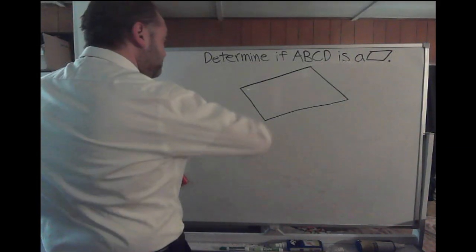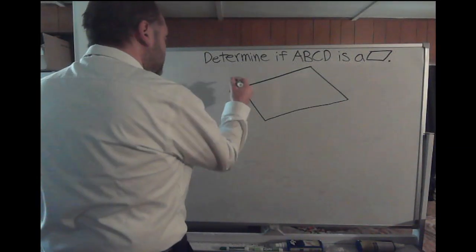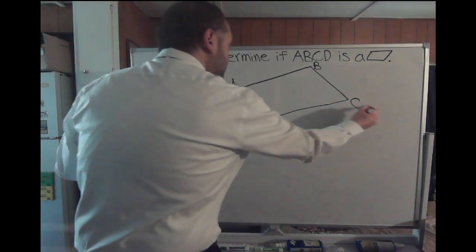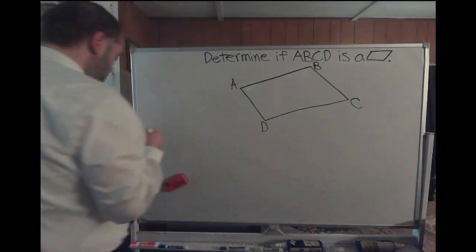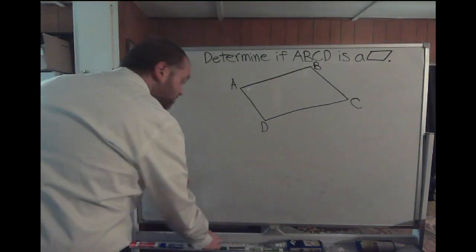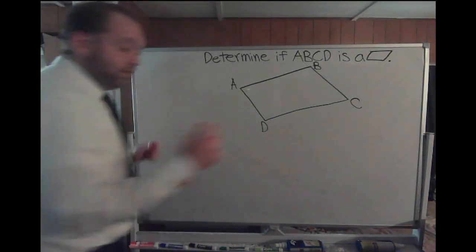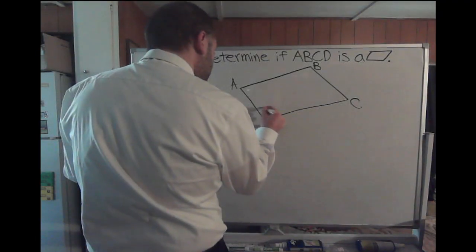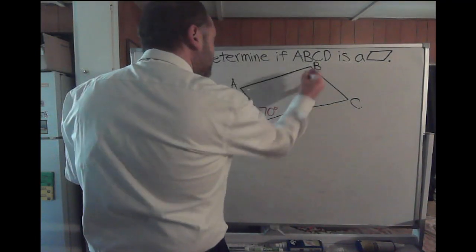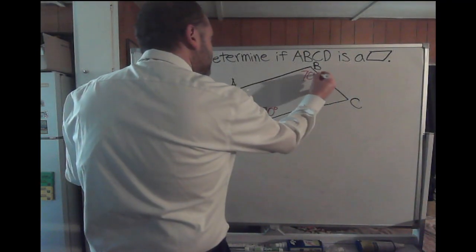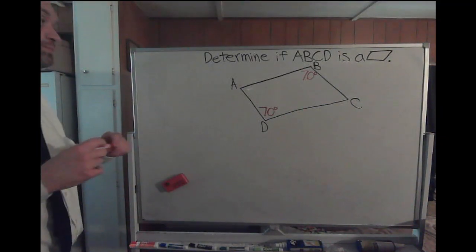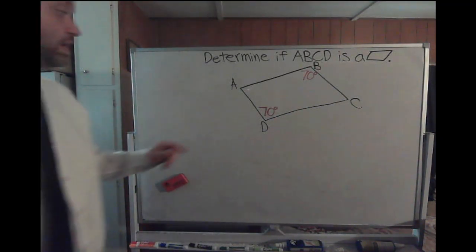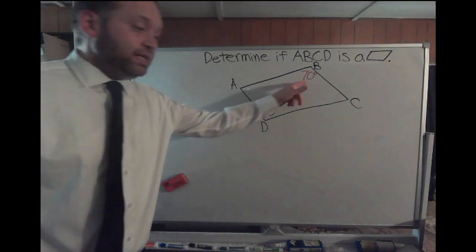That would sure help. A, B, C, and D. Alright, so there's quadrilateral ABCD. What do they give us? They give us that angle D is 70 degrees, and they also give us that angle B is 70 degrees. Okay. So angle D is 70, angle B is 70.